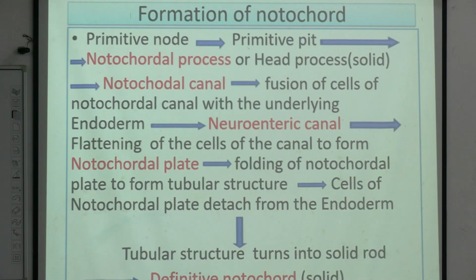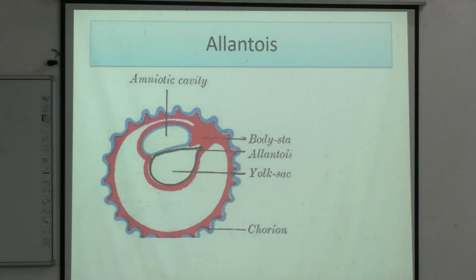In the primitive node, in the central there is a primitive pit. From the primitive pit, notochordal process or head process, solid. Ultimately, notochordal canal or neuroenteric canal, fusion of cells of the notochordal canal with the underlying endoderm, flattening of the cells of the canal to form the... leave that, I have told you, time is running out. Next, the last one for today, allantois.